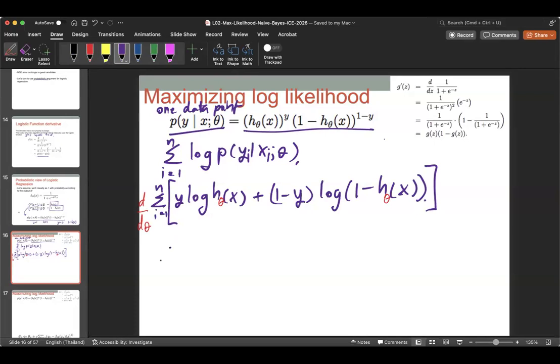We're going to get y times the derivative of log.